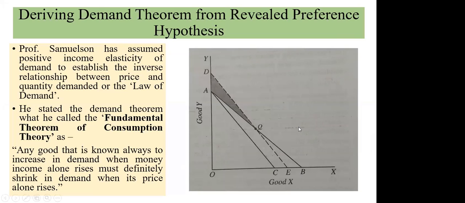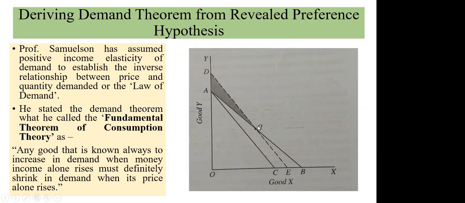So after giving the particular grant or the cost difference amount to the consumer, the next budget line will be DE, which will pass through the point Q. It indicates that with this purchasing power, he can now buy the previous quantity which he was purchasing before the increase in the price.